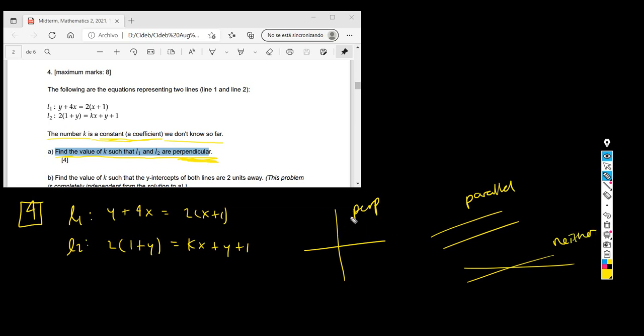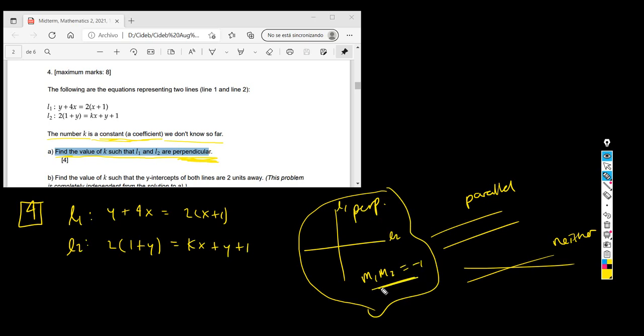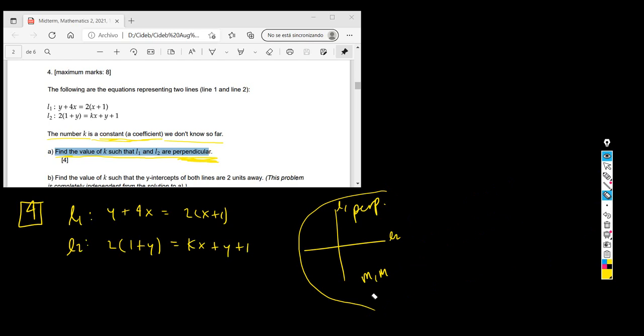And we know what the criteria for perpendicularity is. What is the criteria? That the slopes of these two lines, if this is line 1 and this is line 2, the multiplication of the slopes should be -1. So we know the criteria for perpendicularity, and we're gonna use it in a moment.